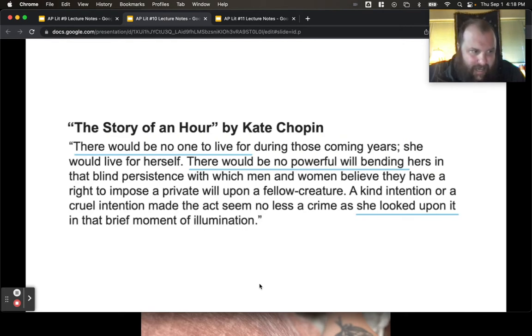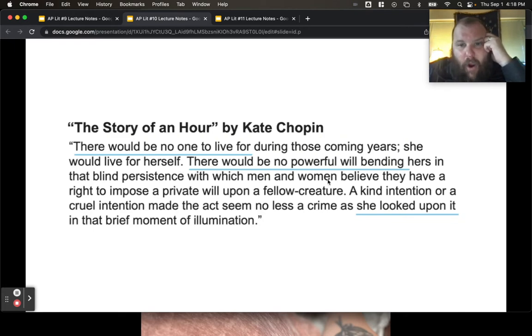Hold on a second. Mrs. Mallard, we know from the omniscient narration, we know her inner thoughts, her inner feelings. There would be no one to live for during those years. She would live for herself. She went into this depressive state, not because she was sad of her husband's death, but because she was finally free.